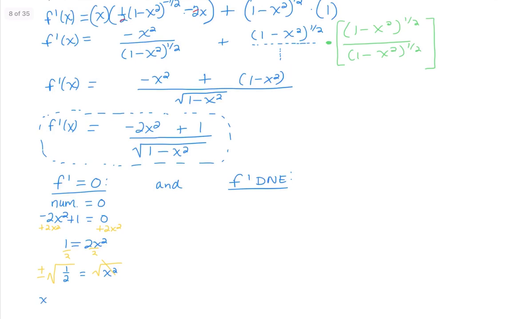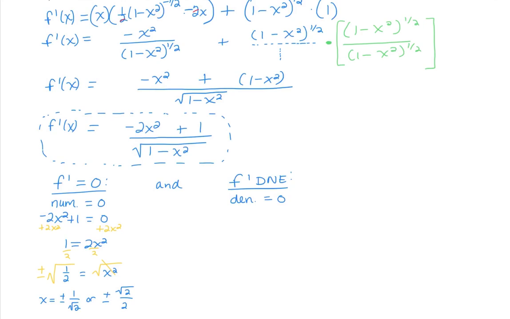So it looks like we have x equals both plus and minus the square root of 1/2, which is the same thing as the square root of 1, which is 1, over the square root of 2. Or if you prefer, that's a common one from your unit circle, rationalize the denominator and it's root 2 over 2. Either way.